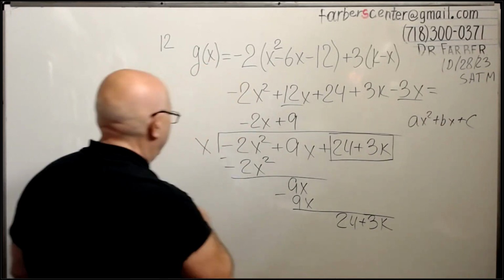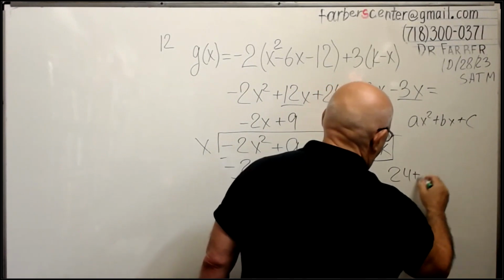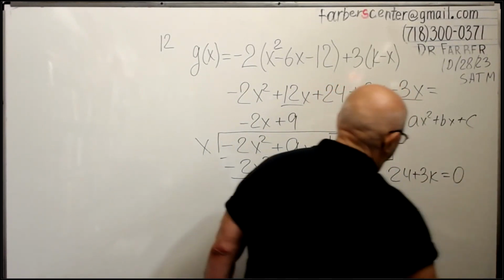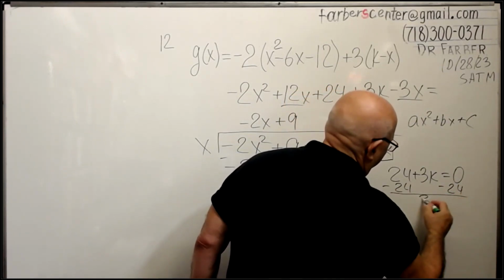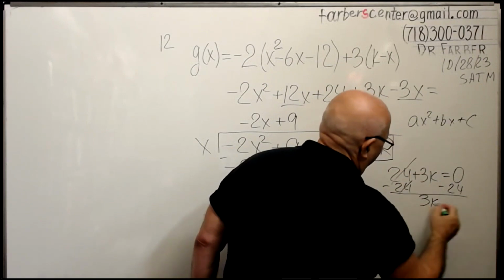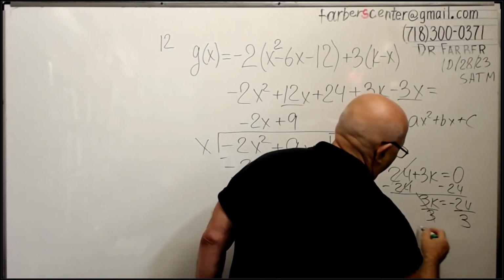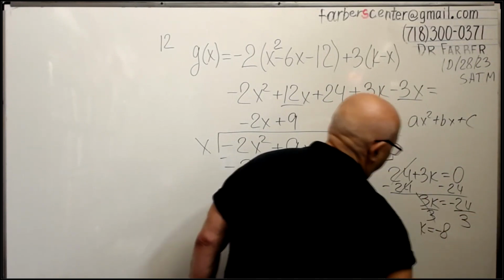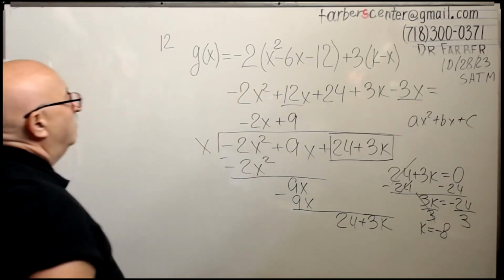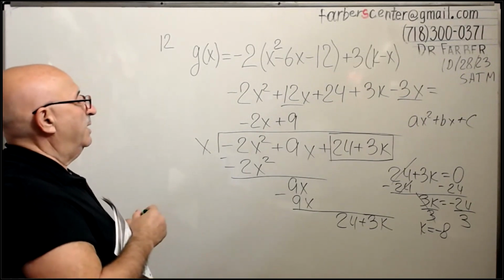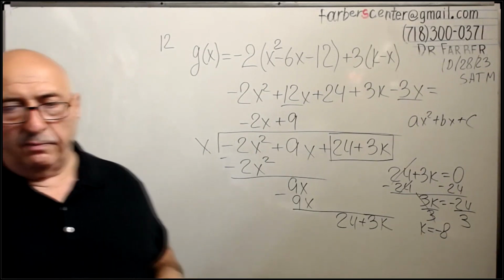So the next step: in order for it to be evenly divisible, 24 plus 3k must equal 0. Minus 24 and minus 24, I get 3k equals negative 24, divided by 3, and k equals negative 8. When k equals negative 8, in this case, this expression is evenly divisible by x. What I did here, just use long division, nothing else. If you have any question, ask me.